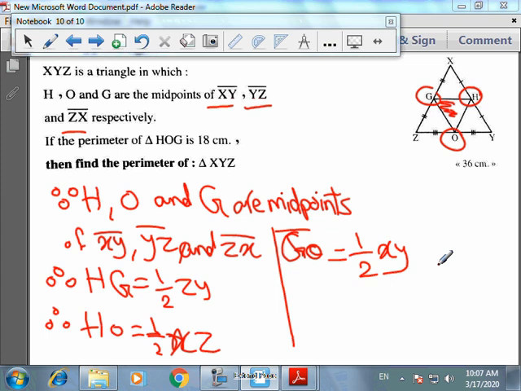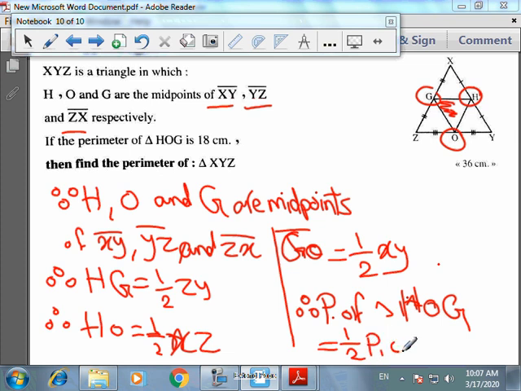So from those 3 points, we can know that the perimeter of triangle HOG equals half the perimeter of XYZ.